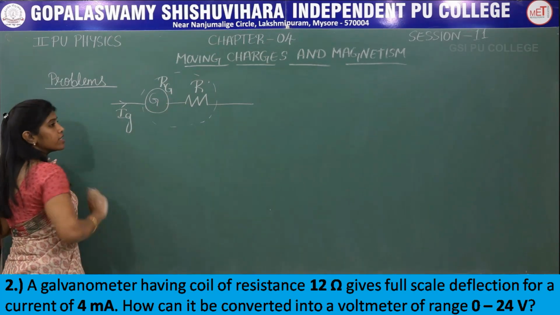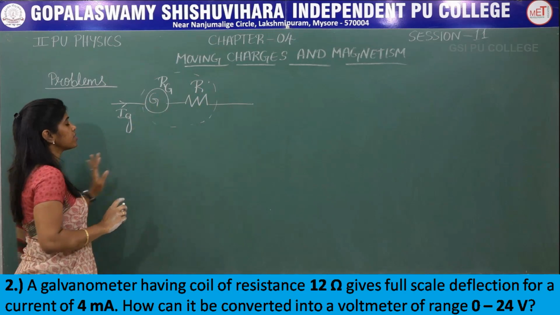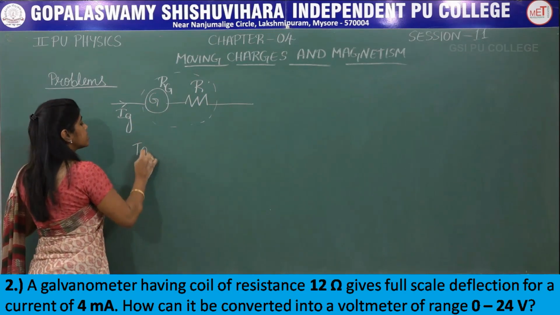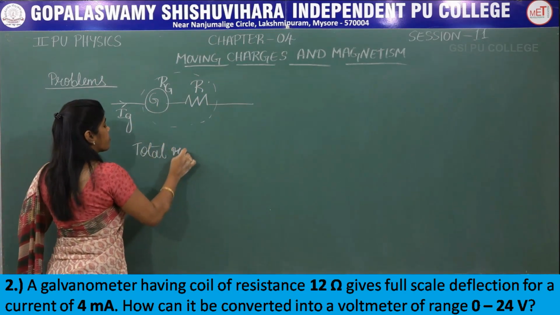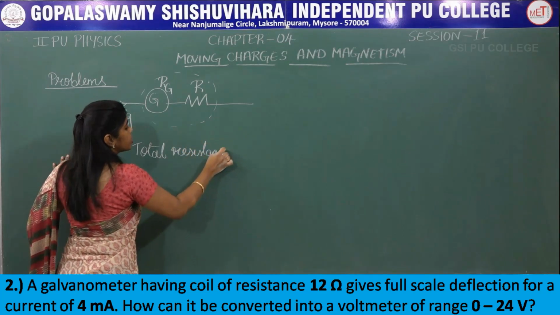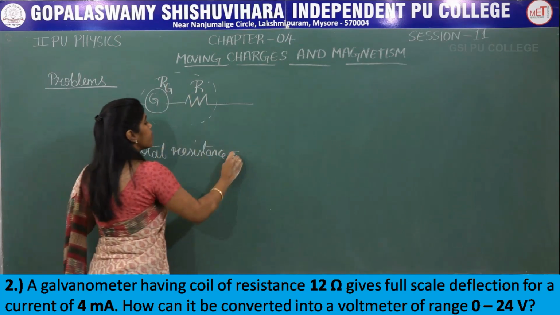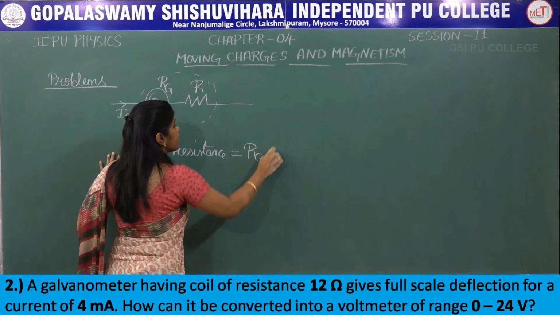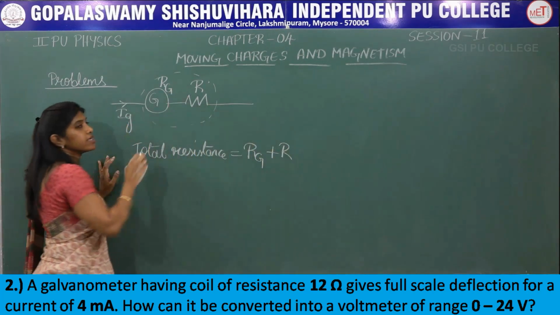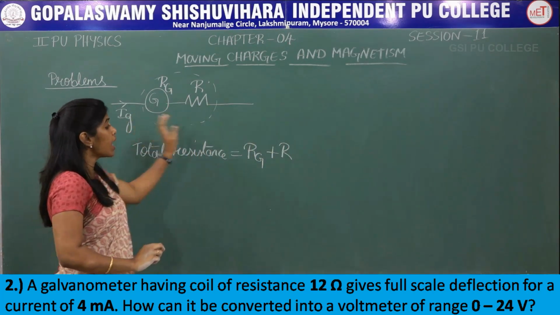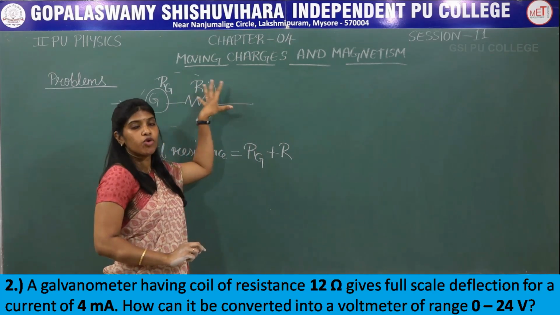Now what is the total resistance of this complete thing? So the total resistance of this device will be equal to Rg plus R, where Rg is the resistance in the galvanometer and R is the high resistor which I am going to connect here.